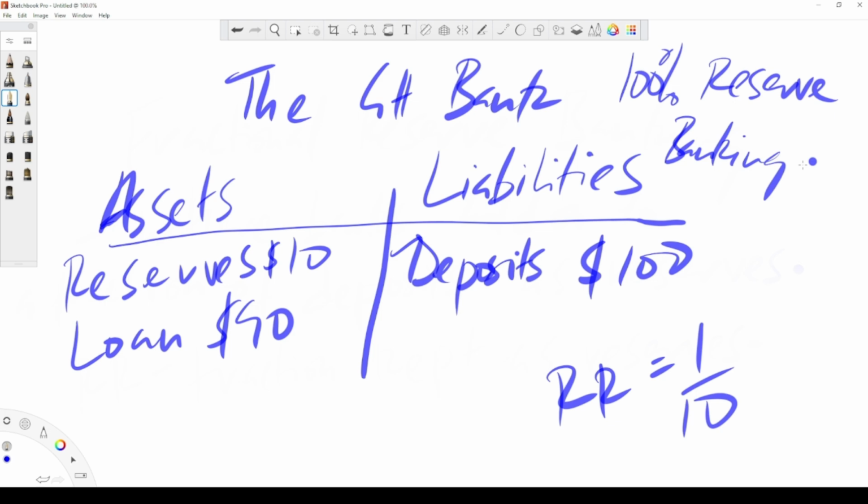So we have 100 depositors who deposited $1 each to the GH Bank. Now, the bank run can occur when, say, about 8 of them come to the bank and say they want their deposit back.